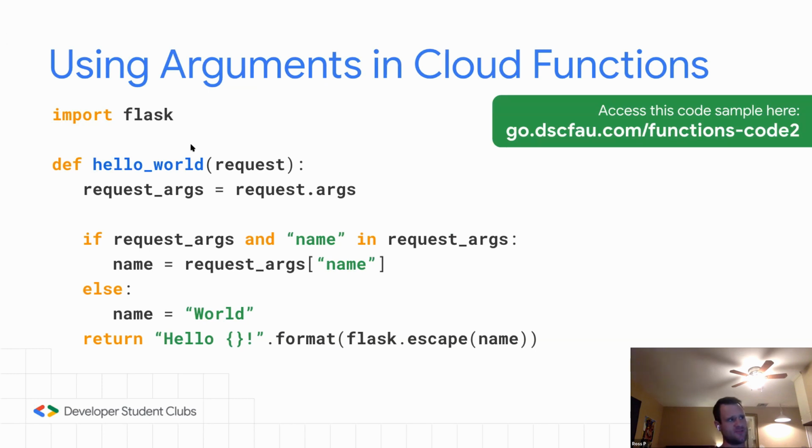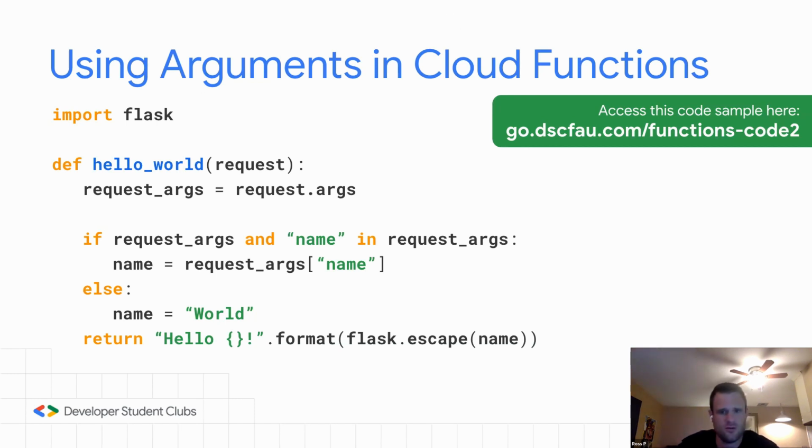You'll notice that we're going to use the Flask library. You don't have to understand Flask for this event, but I will show you why we need to use it. And we will now be using the request parameter that I discussed earlier. So the request object is an HTTP request coming from your browser. And the request.args is a dictionary that contains arguments in the URL, also known as parameters.